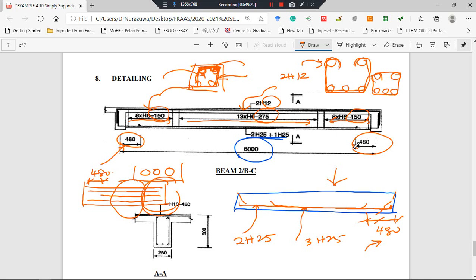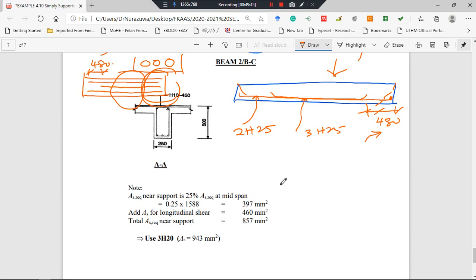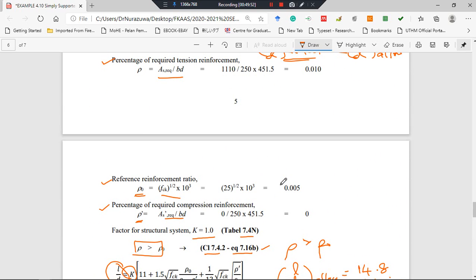Later you refer back to the notes, chapter 4 part 2, where the curtailment of the bars and so on is covered. So that's all for this example 4.10. Thank you.